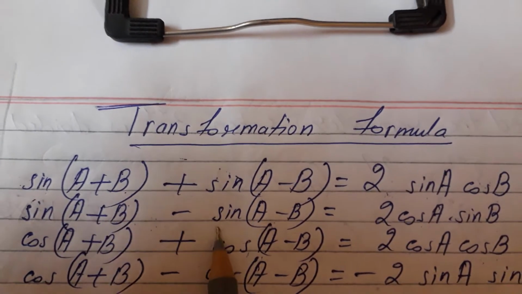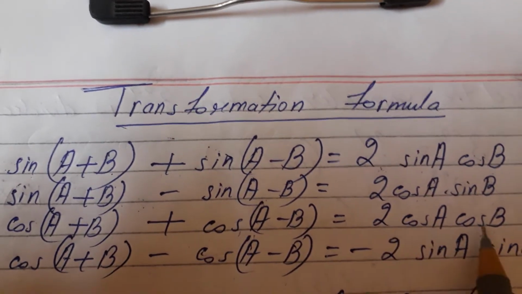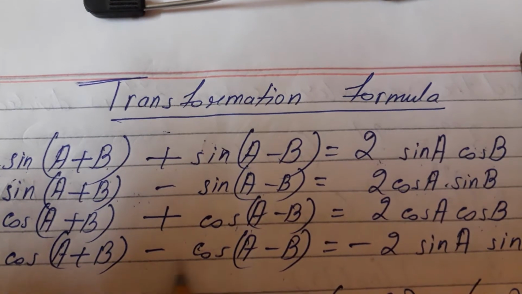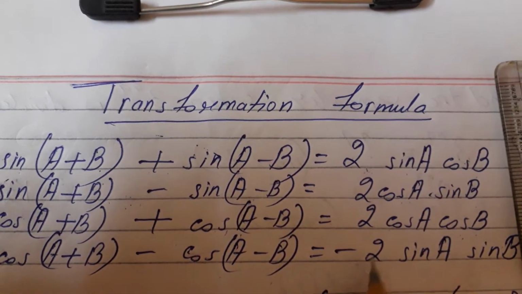Sin means the terms will be different, and cos means the terms will be the same. See, cos(A+B) minus cos(A−B) equals, with the terms the same, sin A sin B, and minus 2 here.